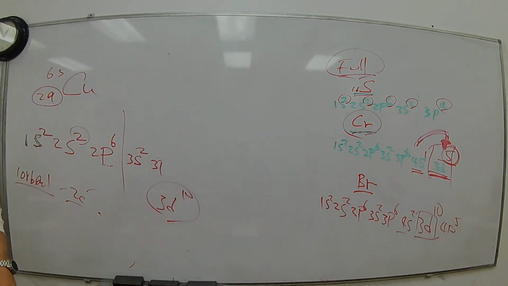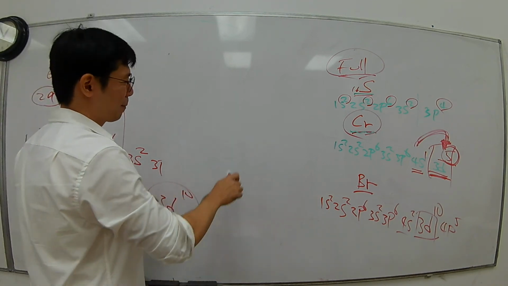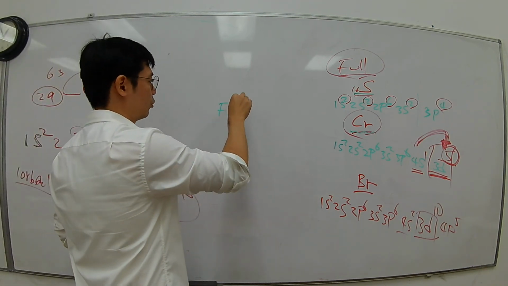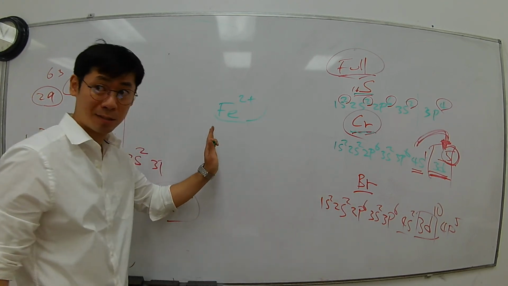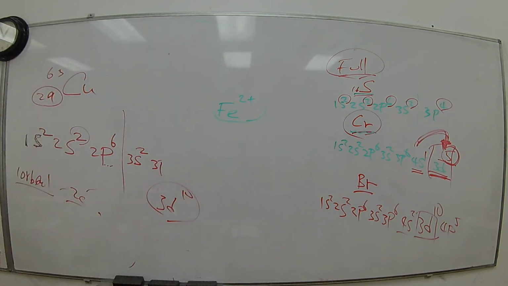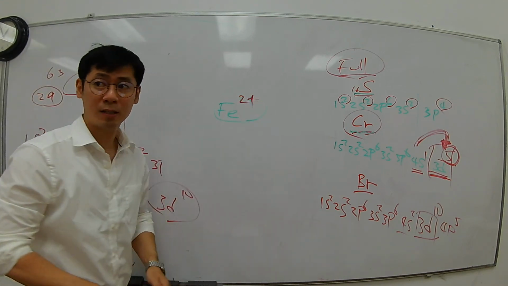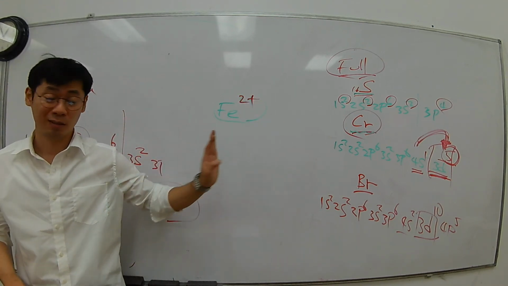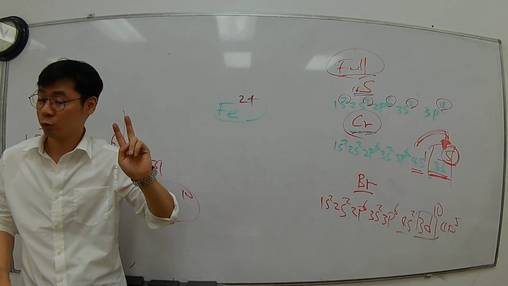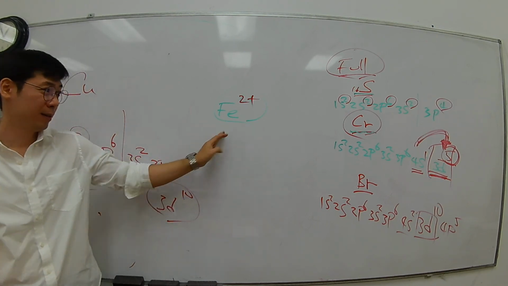For example, they ask you, find the configuration for Fe2+. Do you see this, guys? Again, if there's a 2+, what does it mean? The iron lost what? 2 electrons. So figure this one out, guys.